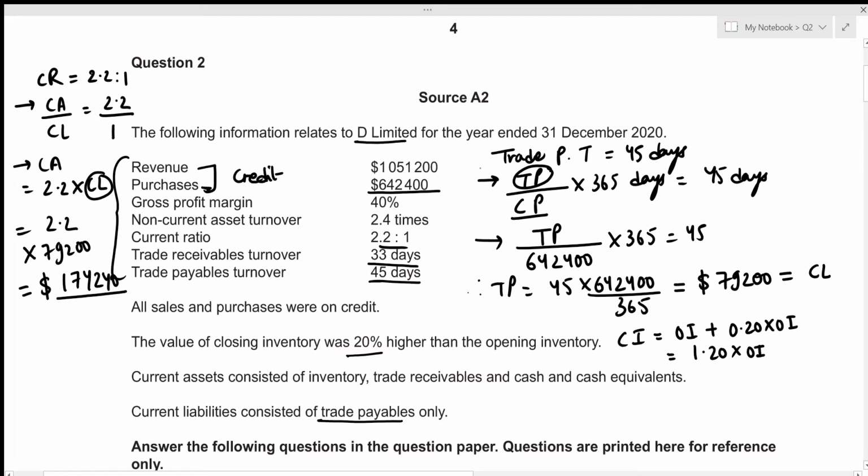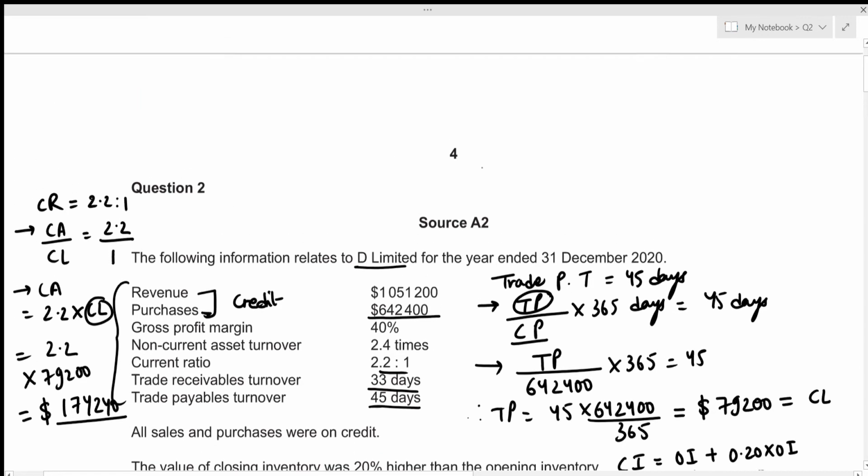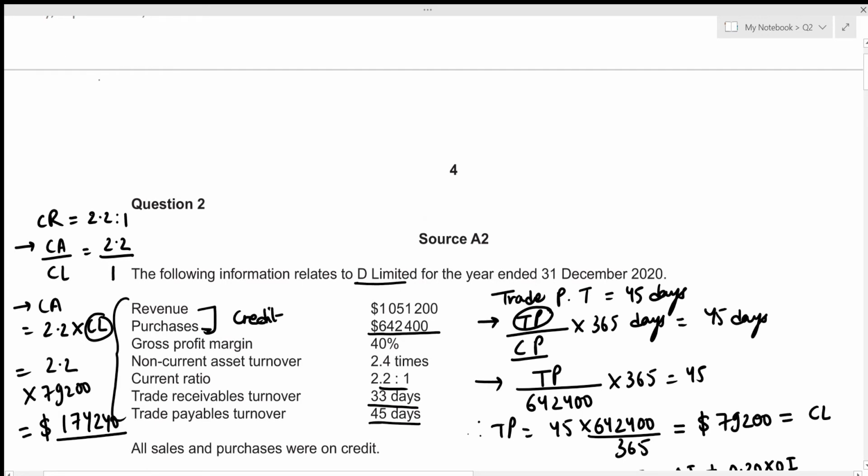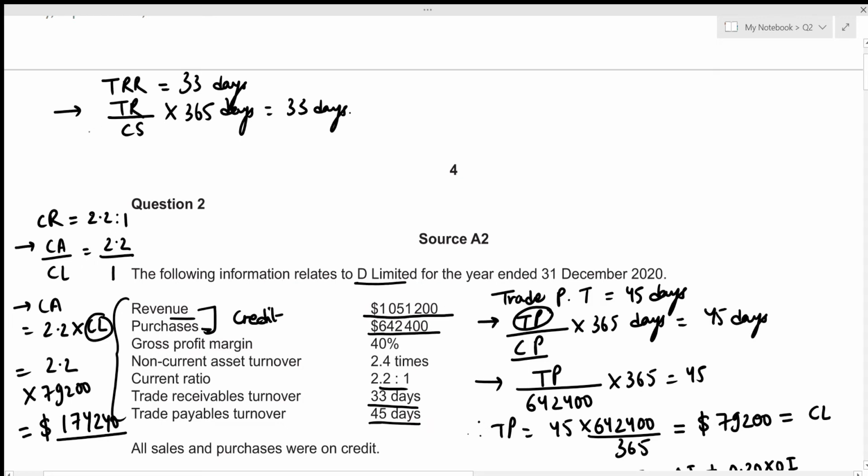Now we can figure out our trade receivables from trade receivables turnover, with a similar process as we did for trade payables turnover. The trade receivables turnover we have is 33 days. And the formula for trade receivables turnover is the trade receivables divided by credit sales times 365 days. We are given our credit sales right here. So revenue amounted to 1,051,200. Let's substitute that amount.